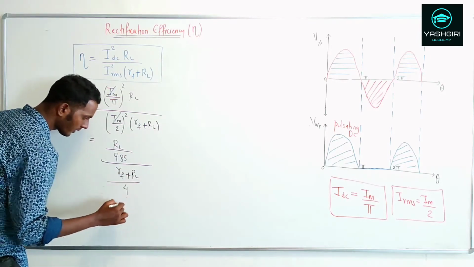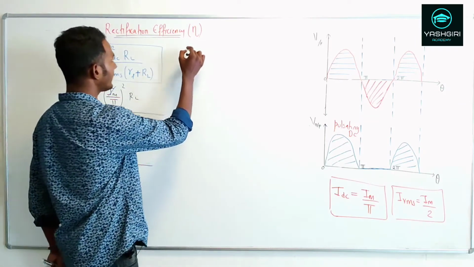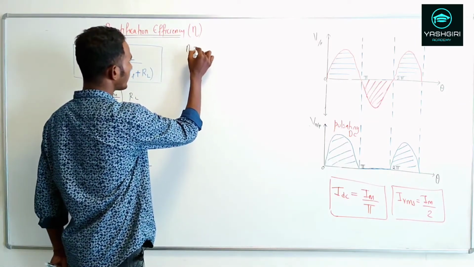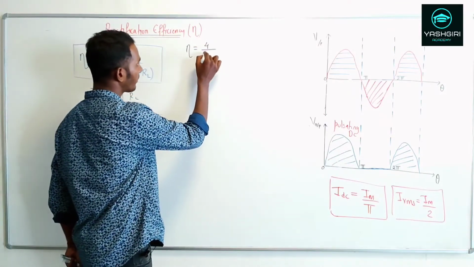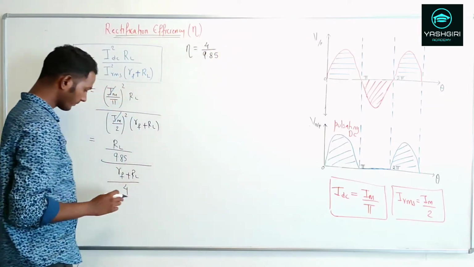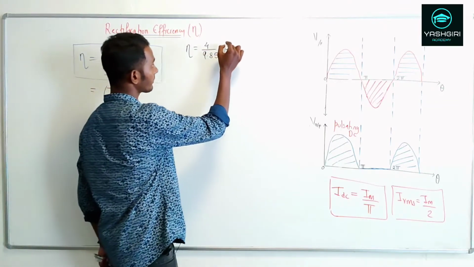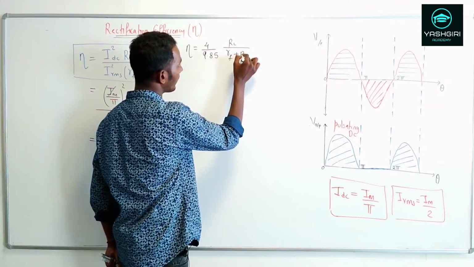So when I take this 4 up, what I'll get is eta is equal to 4 by 9.85 into RL divided by RF plus RL.